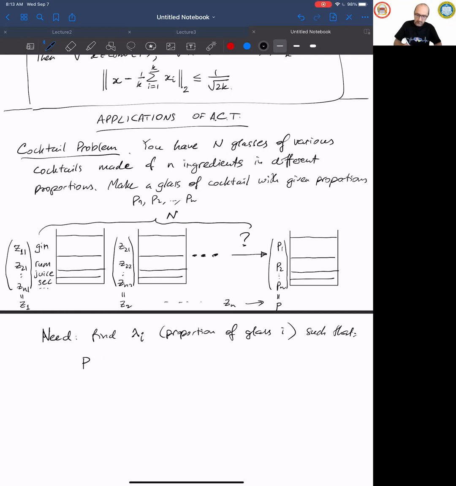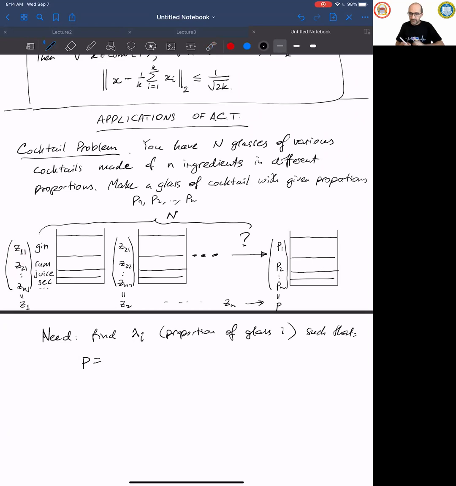Such that, if we look at each row, lambda 1 Z11 plus lambda 2 Z21 and so on and so forth equals P1. Right? So we mix all this in these proportions and get the exact proportion of gin. And we mix all of these with the same lambdas and get P2 and so on and so forth.